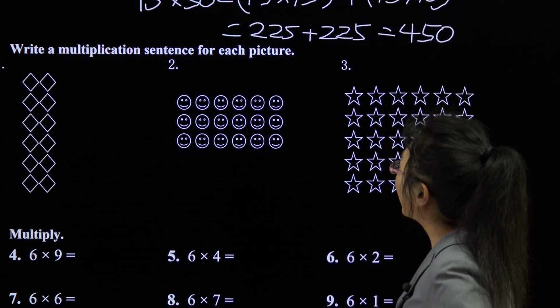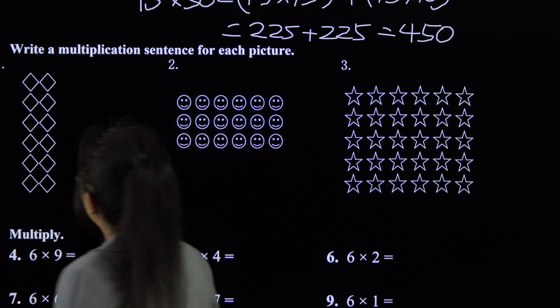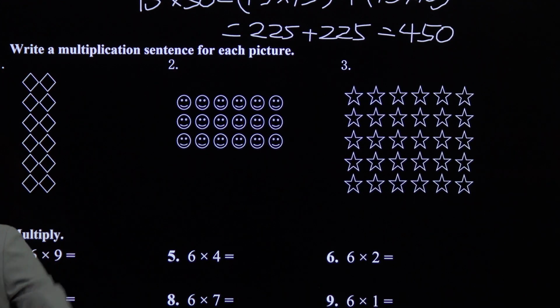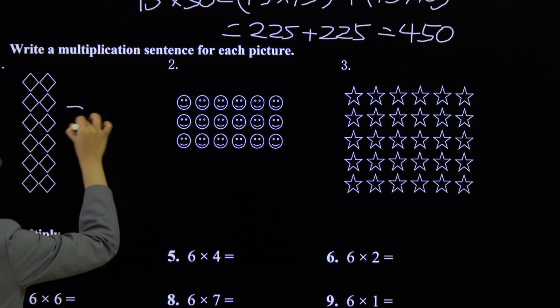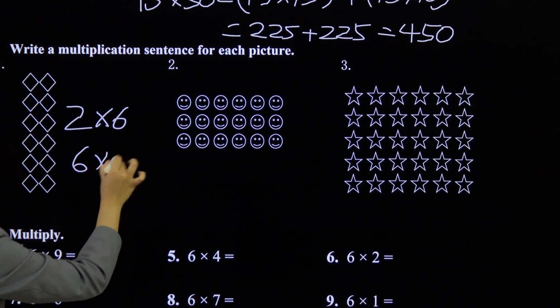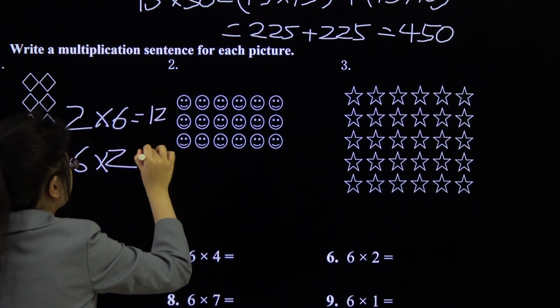So write a multiplication sentence for each picture. Well, we have 1, 2, 3, 4, 5, 6, and then 1, 2. So that's 2 by 6, which is 2 times 6, or 6 times 2. Both of these work. Equals 12.